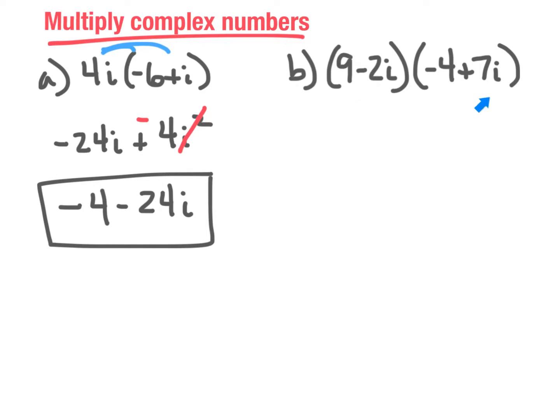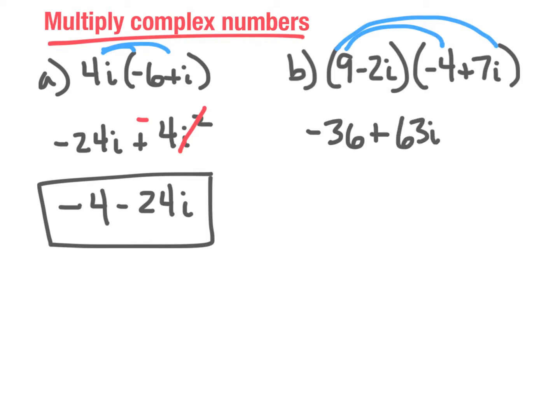If we have a situation like this, we can just use the FOIL rule to distribute. So we have 9 times both of these terms, so that would be -36 plus 9 times 7 is 63i. And then we're going to distribute these two here. -2i times -4 is plus 8i minus 14i squared.